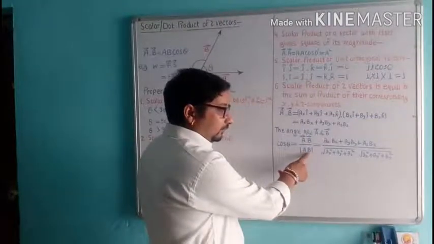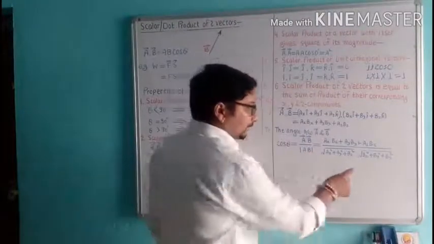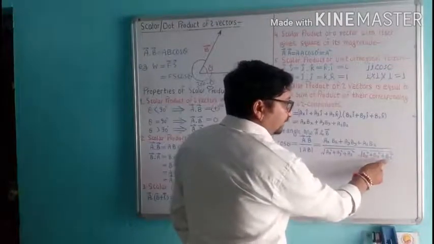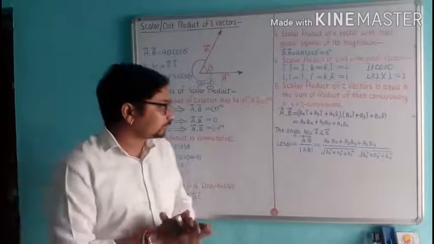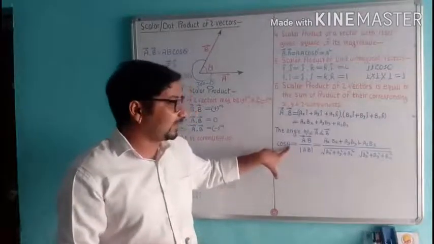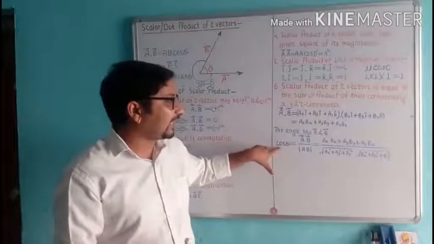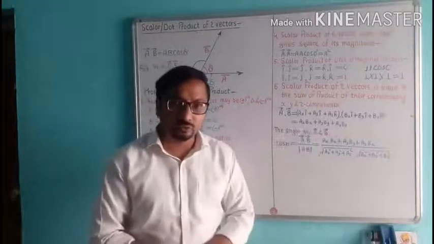And the mod of vector B is root of bx square plus by square plus bz square. So this gives the cosine of the angle between two vectors.